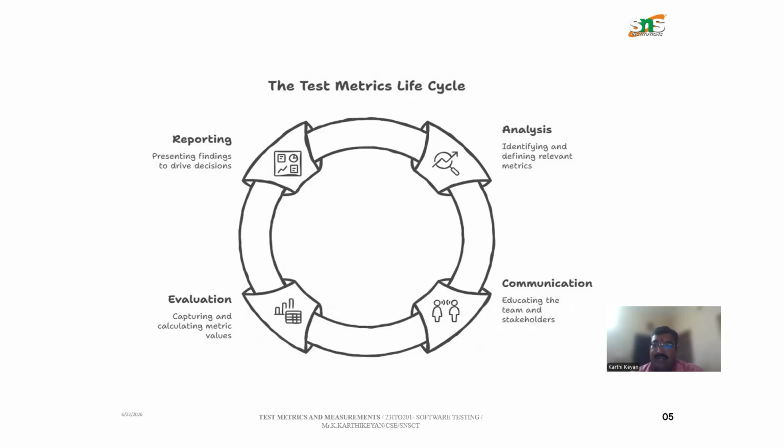Communication: educate your team. If a metric value is missing, educate them and give a training period, then return to the same project. In evaluation, when capturing or calculating metrics, if a value like 0.5 or 0.6 is off, no problem. But 0.1 or 0.2 is a mistake. So rework your process, complete it, give a solution, and send it to reporting.